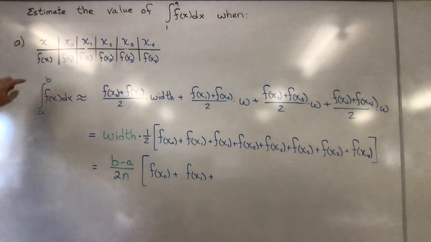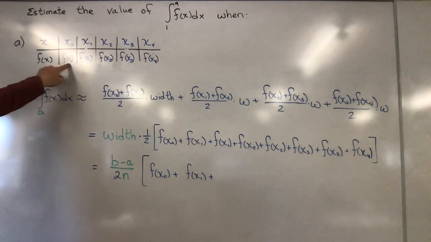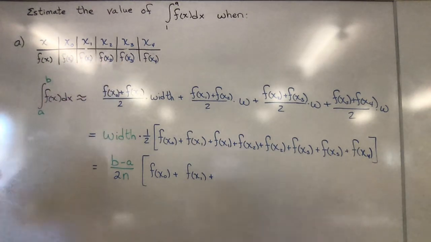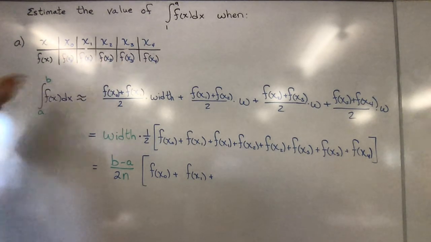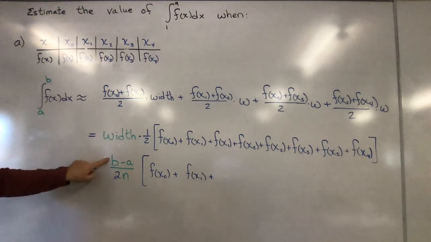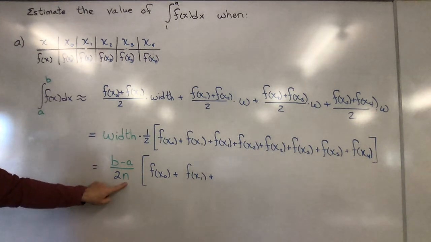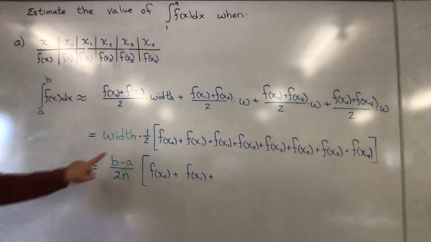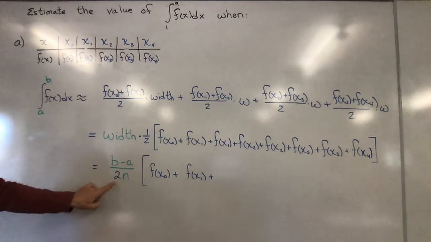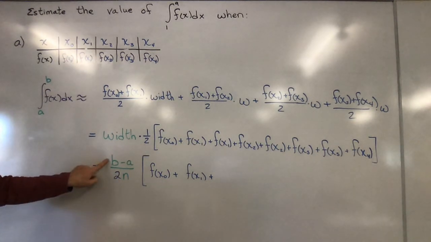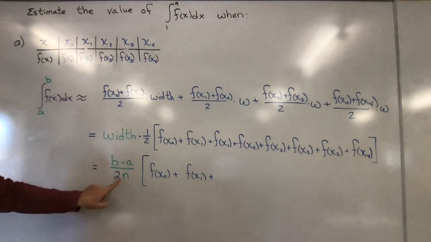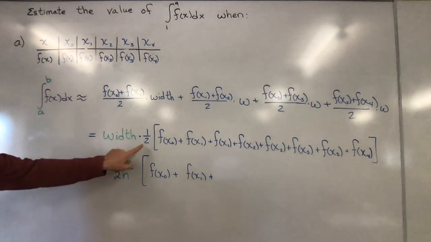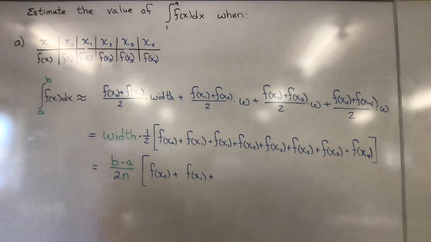Well, I know up here a minute ago I had it going from 1 to 9, or x sub 0 to x sub 4. Basically, whatever it is, your lower limit to your upper limit, we're going to take the total width divided by the number of intervals. That will tell you the width of each trapezoid. Because we're multiplying it by 1/2, I put the 2 in here. So it's now the total width, b minus a, divided by 2n. The width times 1/2.